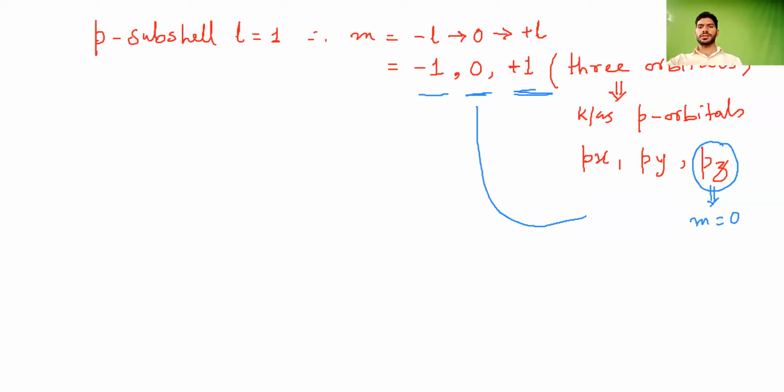Then px and py can have plus 1 or minus 1, but 0 is always fixed for pz. Have you noted this down?